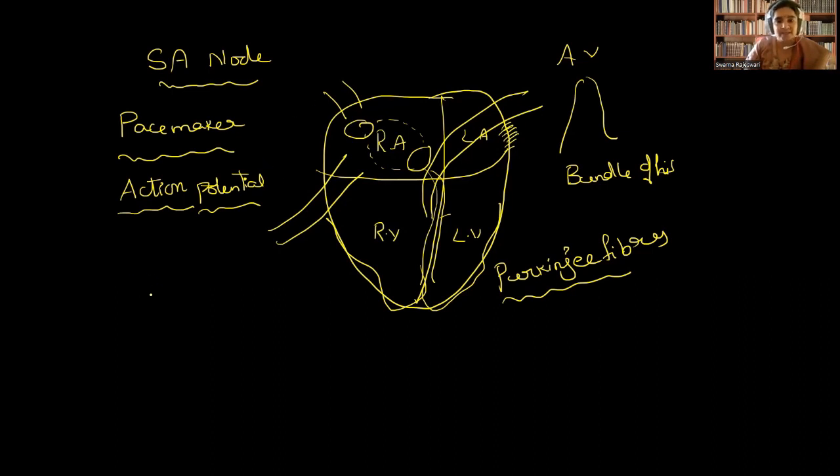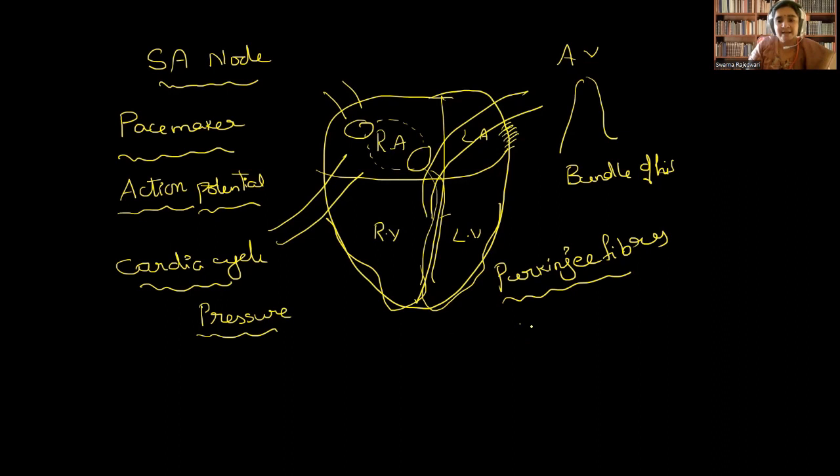So how does this contraction occur? At first, when we are discussing this cardiac cycle, the initiation of contraction is mainly due to the pressure present in the different chambers of the heart. When we study the cardiac cycle in general, we study it in three divisions.